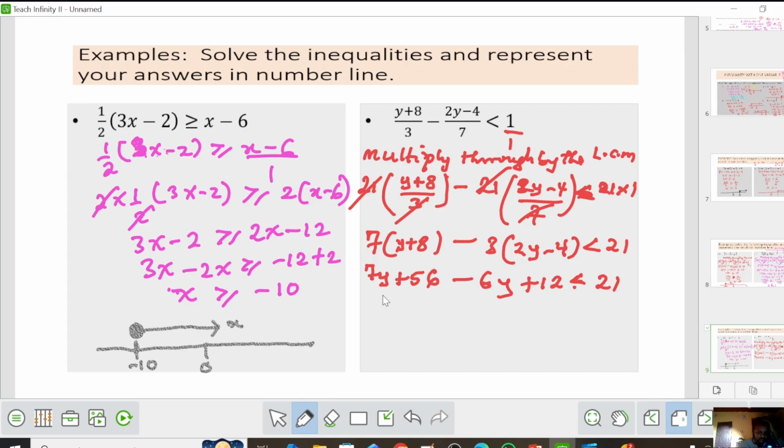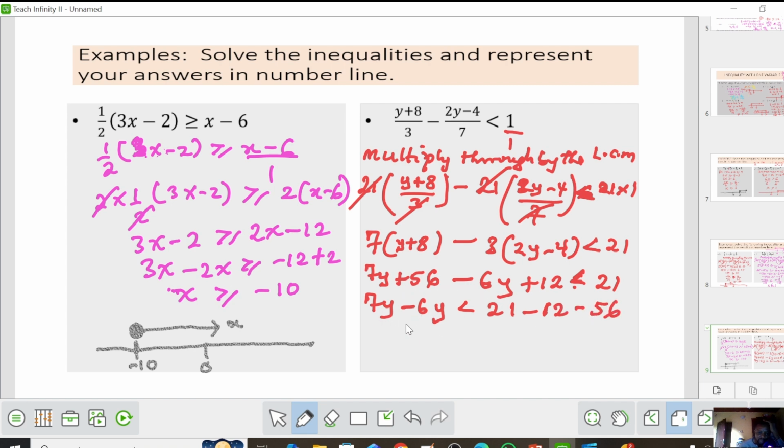So if you collect like terms, remember your inequality is here. This one will give me 7y minus 6y less than 21. 21 is on the other side of the inequality, so 12 is moving it, that's minus 12, yes. And the other one moving is minus 56.